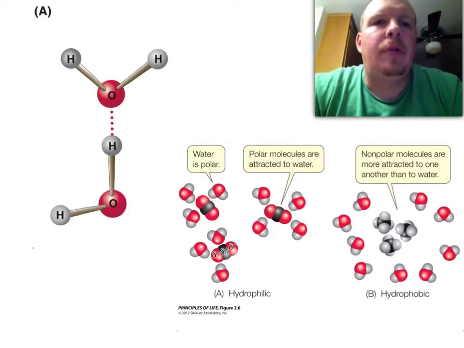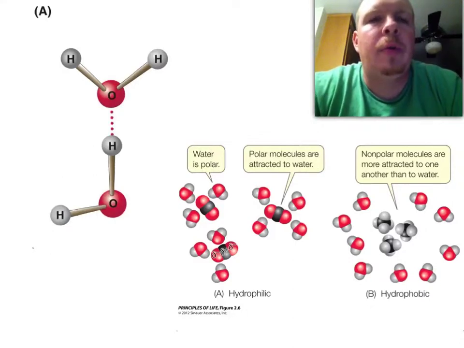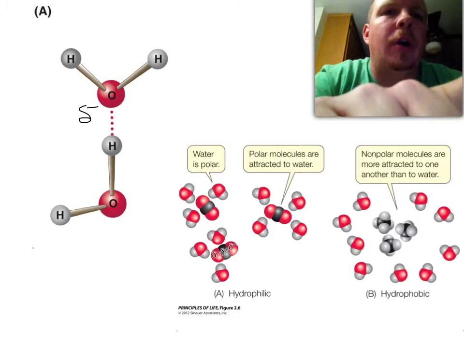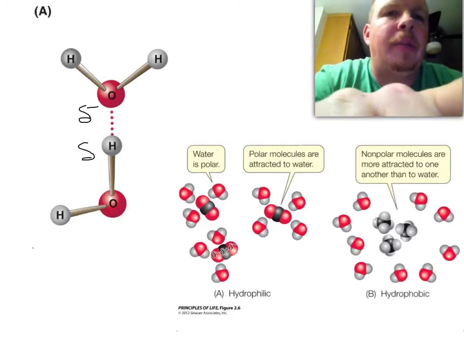Alright, so here's a couple diagrams from the reading that you had last night. The picture on the left shows 2 water molecules. Because of the polarity, you have the slight negative charge on the oxygen and the slight positive charge on the hydrogen.